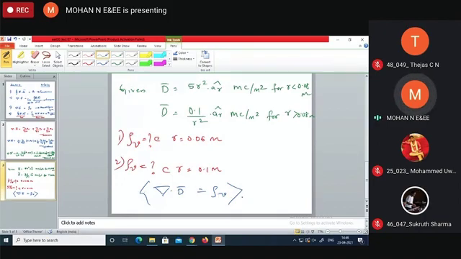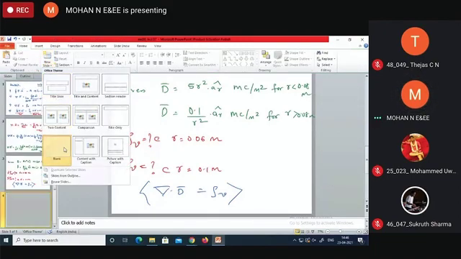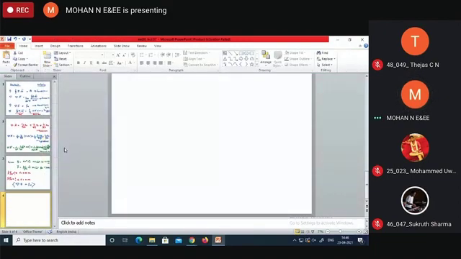So now let us find the gradient of D vector for the first case.